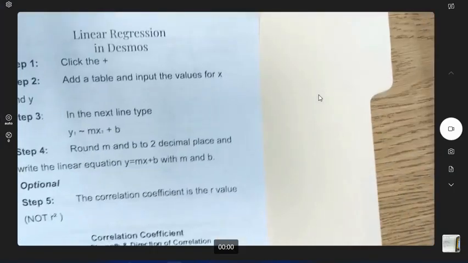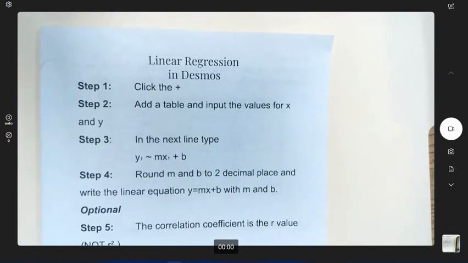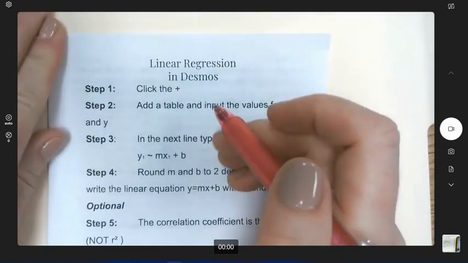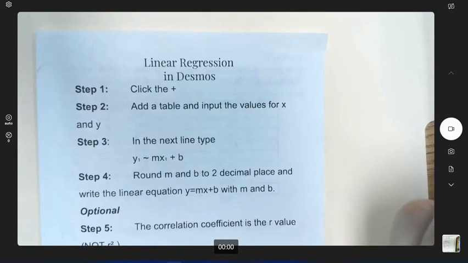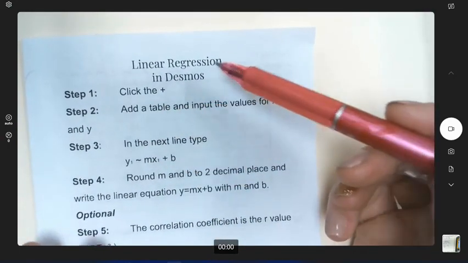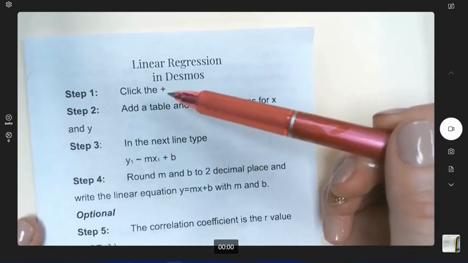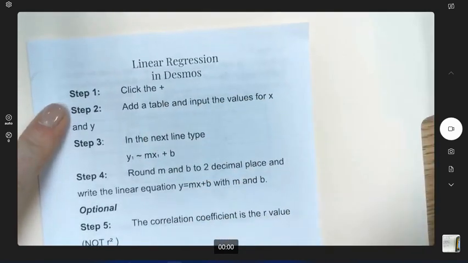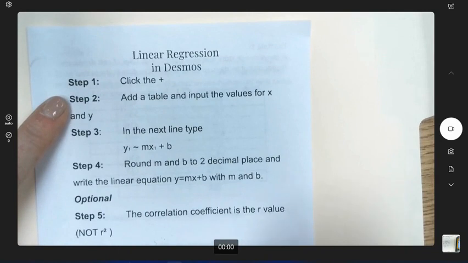So let's go ahead and look at our notes. Don't glue this in just yet. Let's just go through it. It says linear regression in Desmos. These are the same steps. Click the plus. Step 2, add the table.